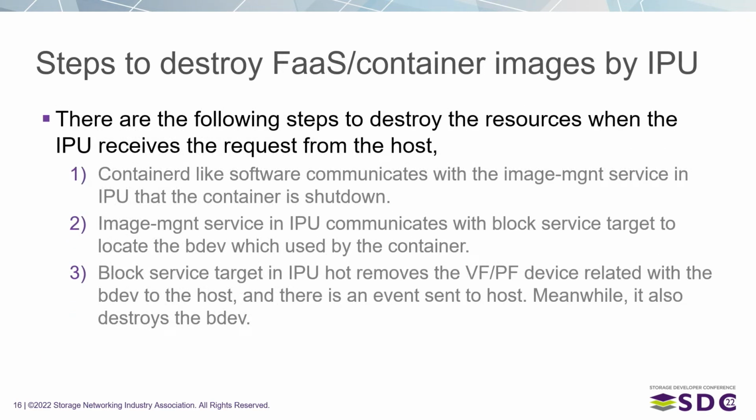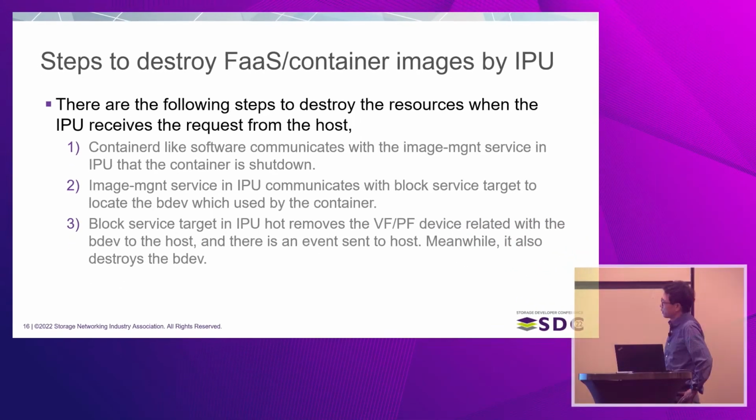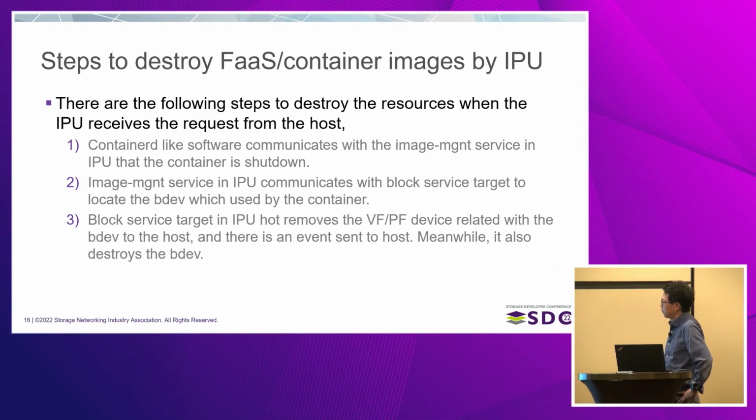So the reverse sequence is also simple. The reverse sequence is basically, if you want to destroy a container, that image client service needs to communicate to the IPU image management service. So now the image management service can find out which BDEV is used for this root file system or the container, so it can hot unplug the device block interface or detach the namespace, right?